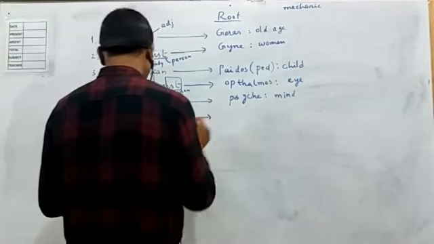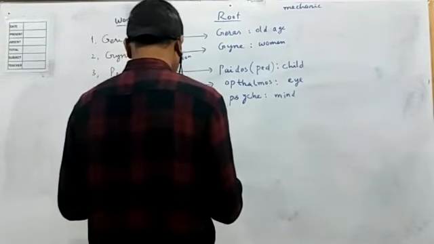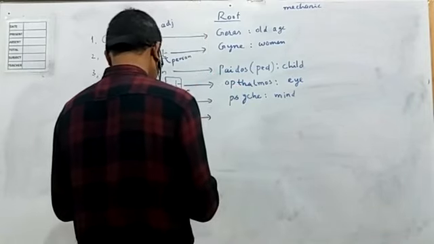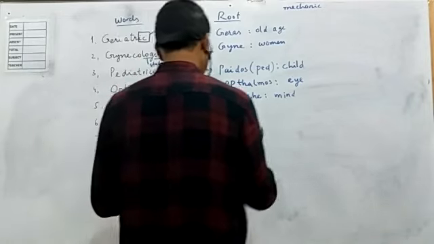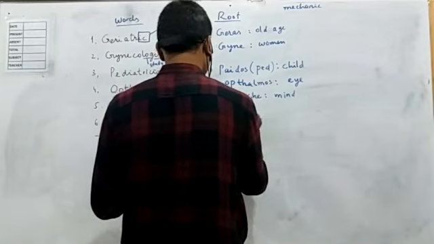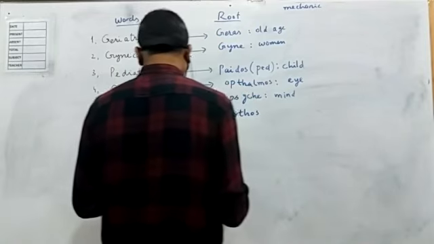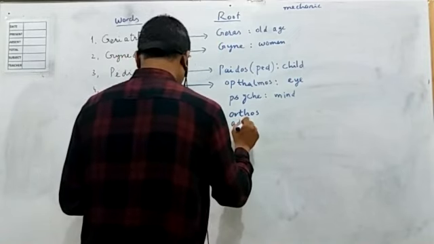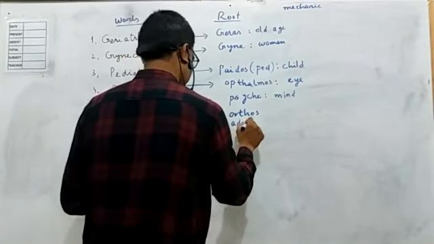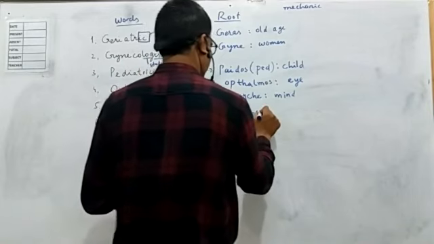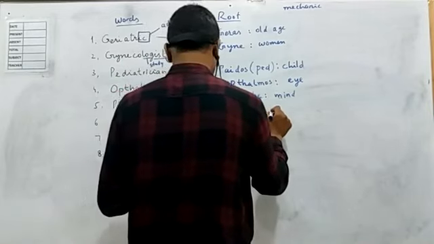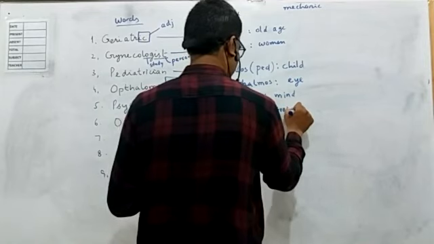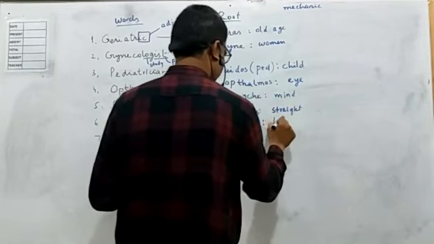Then we have orthodontist. Orthodontist is basically with orthos. Okay, and there is another word that is odontos. Orthos mean straight, and dontos is with teeth.